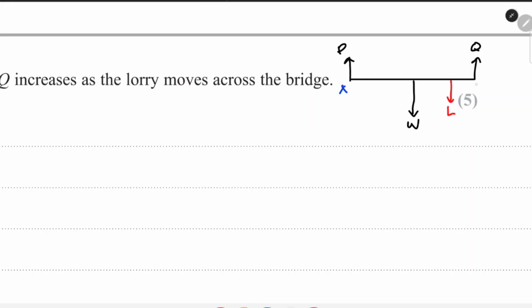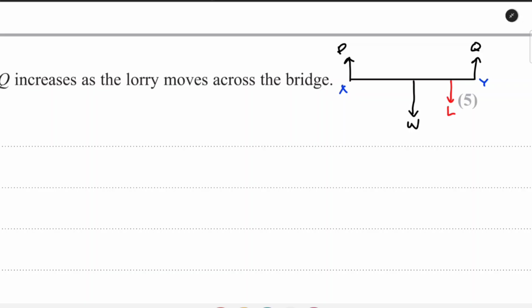So you have this point X and this point Y. If you consider X, the distance between X and the force of the lorry, so the center of gravity of the lorry, increases. So the moment about X will also increase. The moment due to the lorry will increase. So the clockwise moment is increasing.